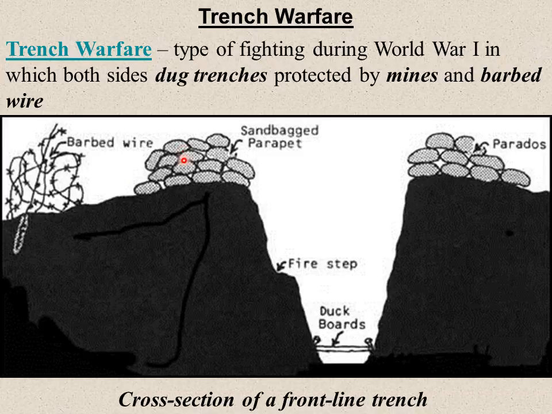Then you have these sandbags that protect the people that are down in these trenches. The soldiers lived in these trenches, and we're going to learn further in this lecture why it was so horrible. They walked on these duck boards so that they wouldn't get in the mud. But we'll learn more about that.